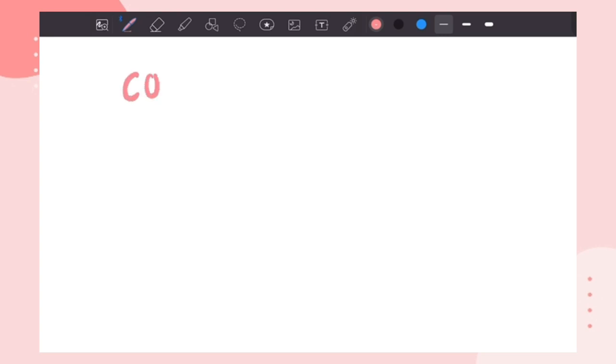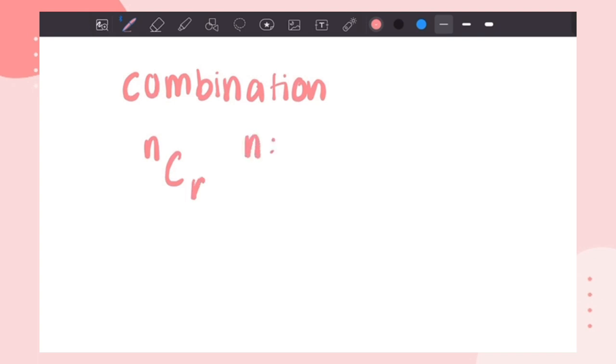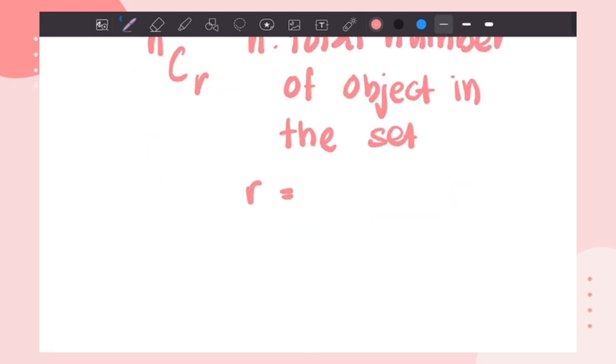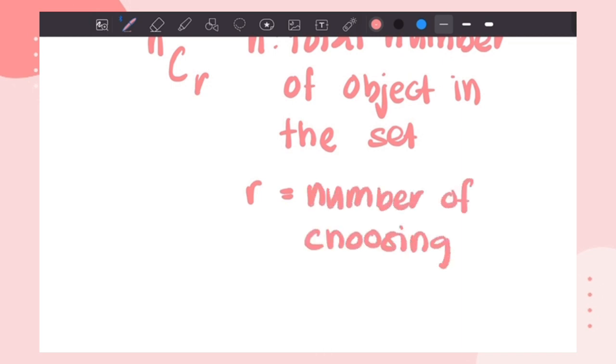For question 4, it is a combination question. So, we use the nCr formula to solve the question, where n is the total number of objects in the set, and r is the number of objects chosen from the set.